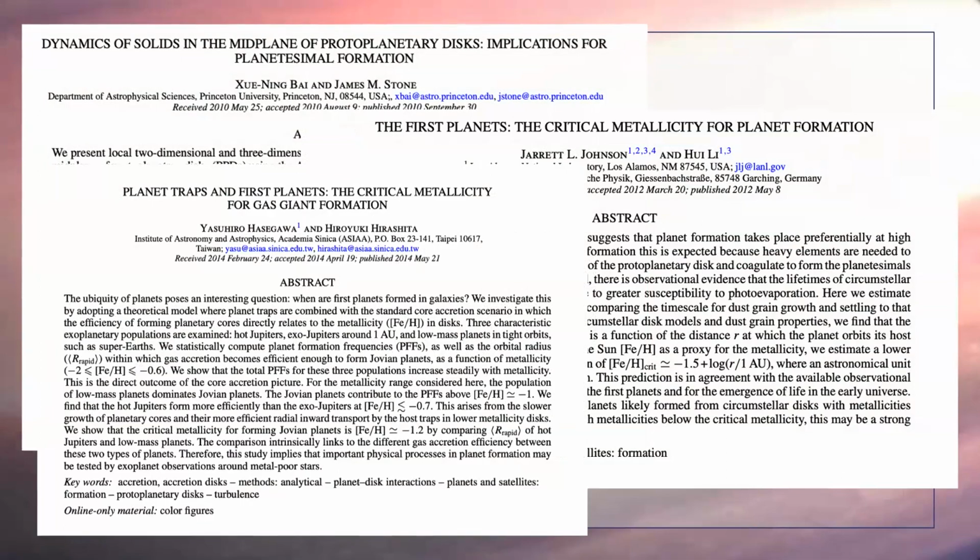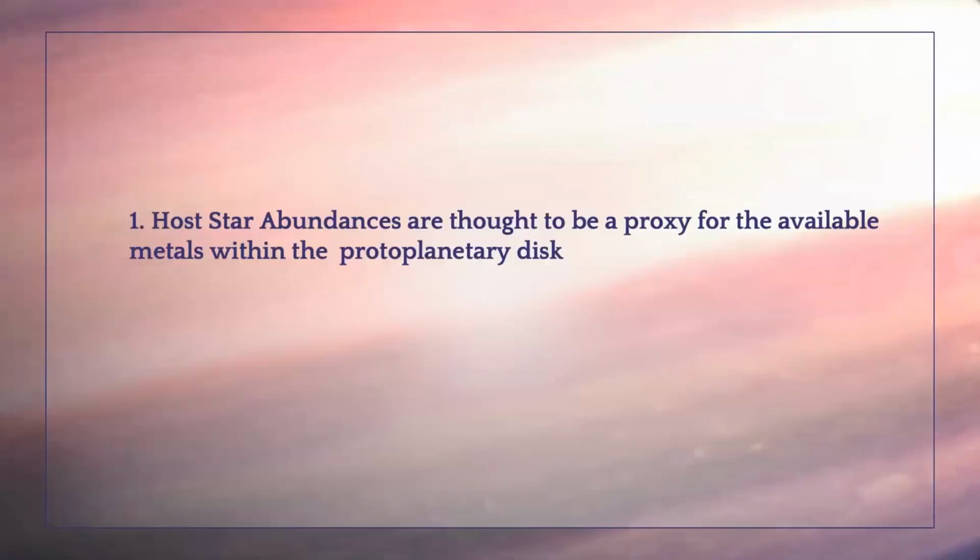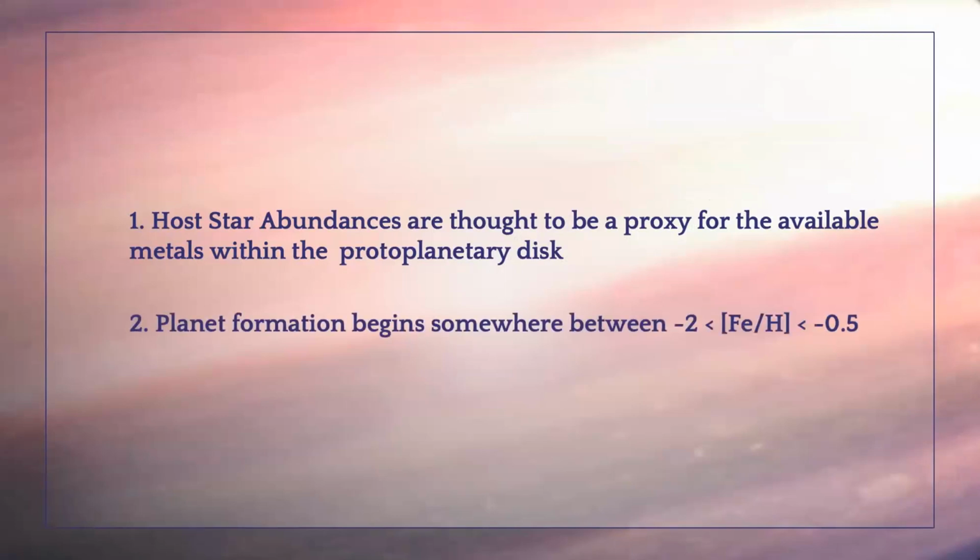From these studies, we discovered a couple of different things. We learned that host star abundances are an excellent proxy for the available metals within the protoplanetary disk at the time of formation. We also found that planet formation begins somewhere between -2 and -0.5 metallicity.